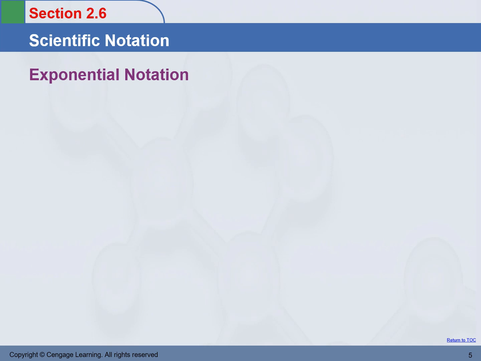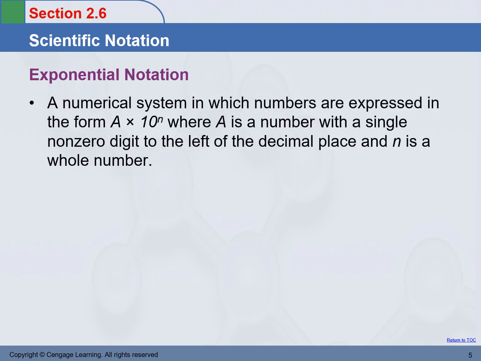Exponential notation. Sometimes you have to use a scientific notation to represent your answer or a measurement. Okay, exponential notation or scientific notation is a number written in this format, where a is called a coefficient, a number no less than 1 but less than 10.